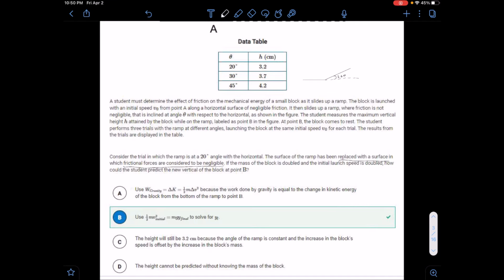Since this whole system is frictionless, we can use the law of conservation of mechanical energy to determine the vertical height.